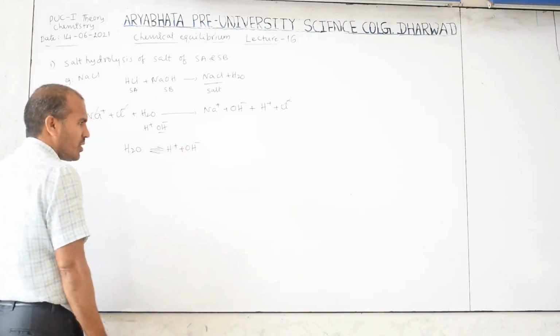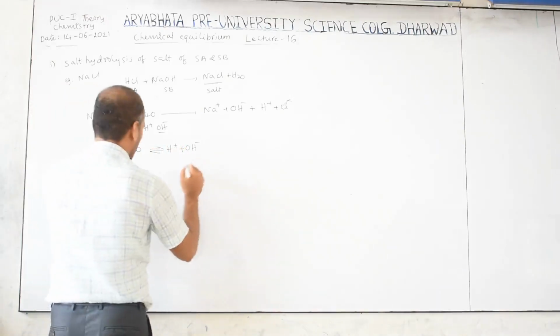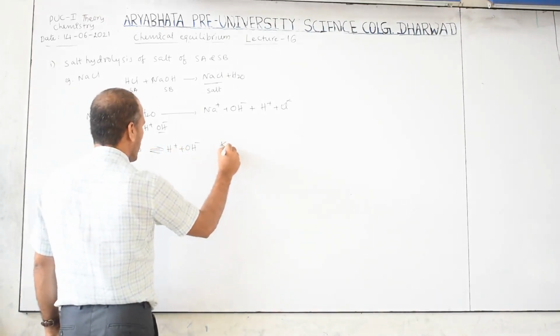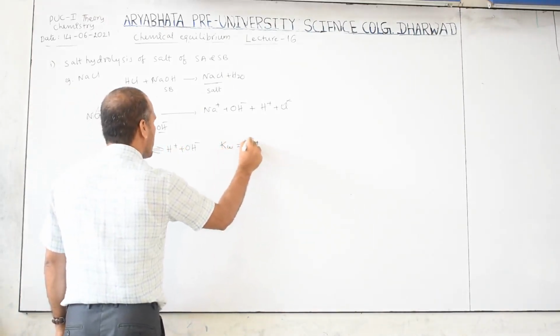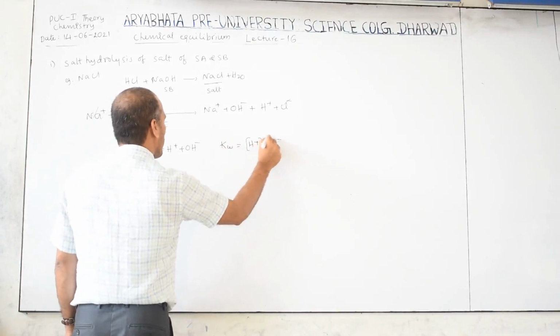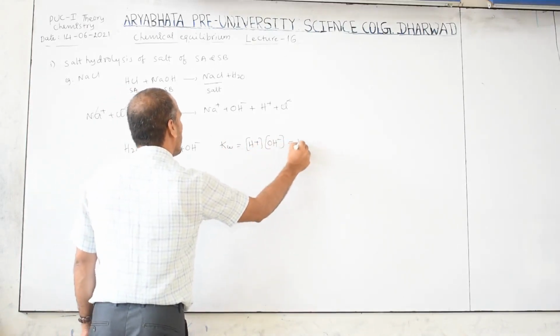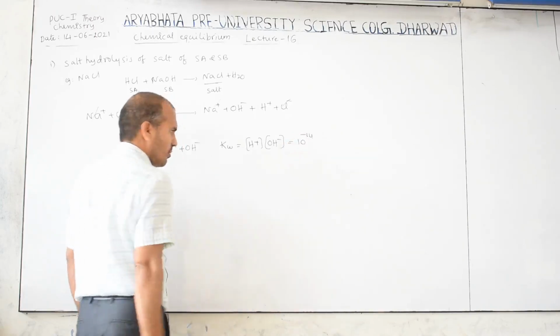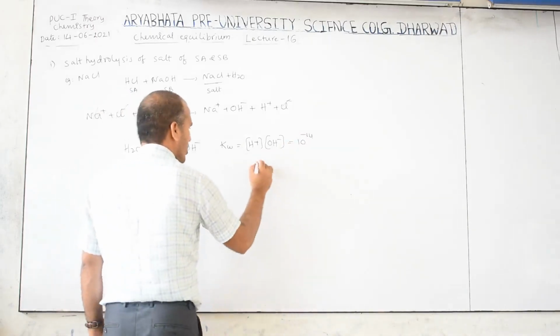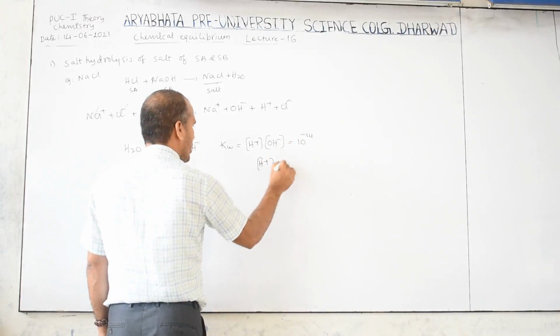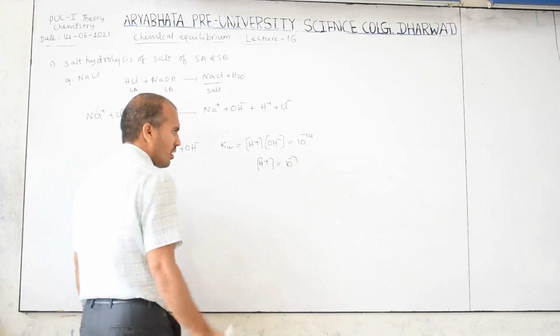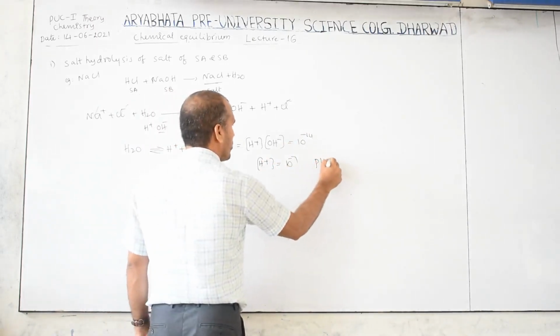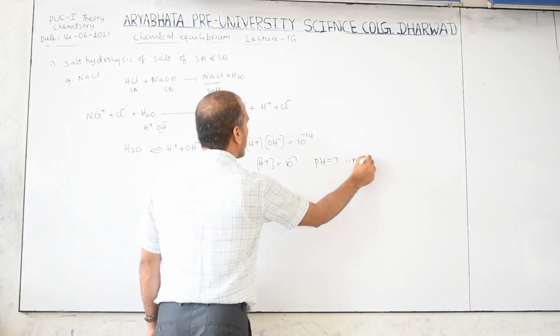This is nothing but Kw, equal to the H plus concentration times the OH minus concentration, equal to 10 power minus 14. When both concentrations are equal, the H plus concentration is 10 power minus 7, so pH is equal to 7, therefore neutral.